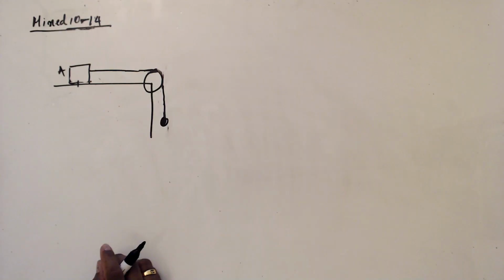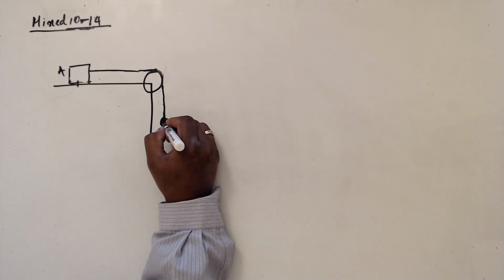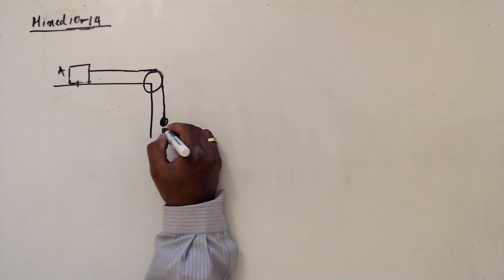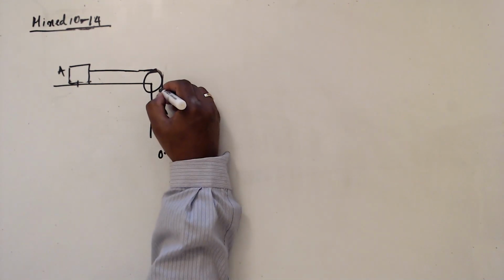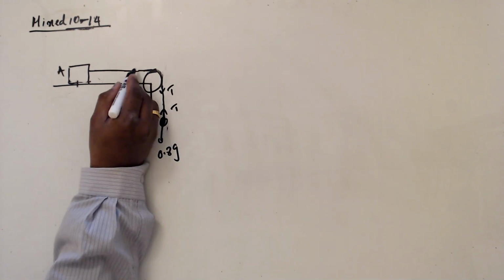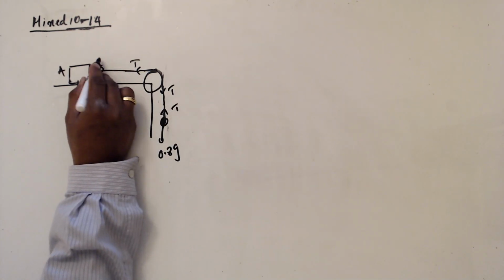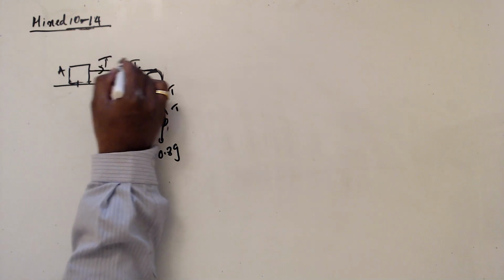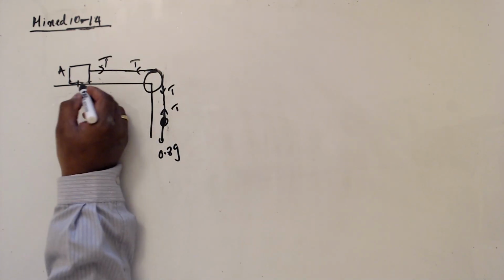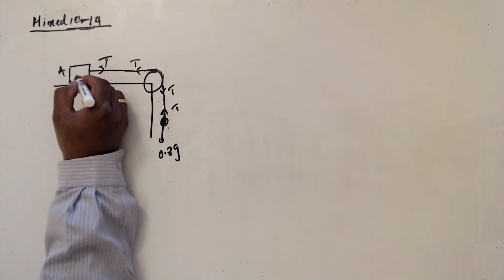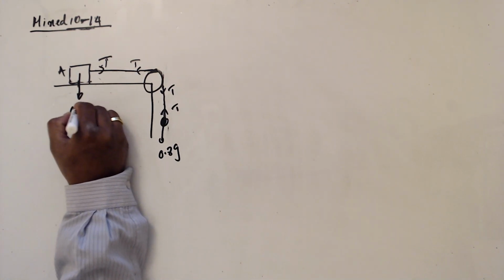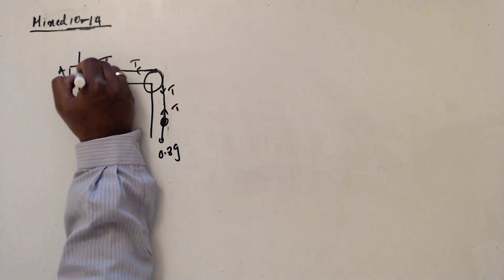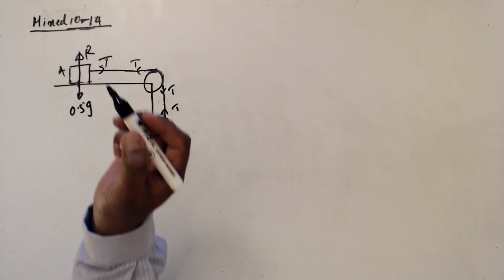Question number 14. So this is the setup. This is 0.8g, so this is 0.8 times g, and the tension will be T on both sides. This is a smooth pulley, so both tensions are the same, and this is a rough plane, and it says 0.5g, and there is a normal reaction.